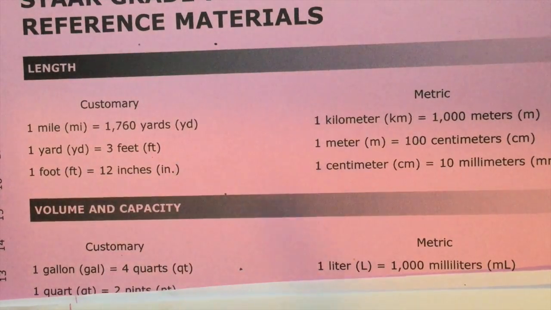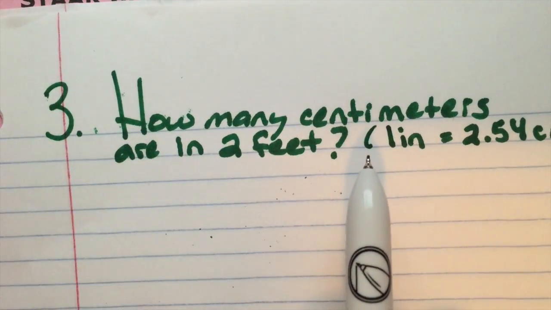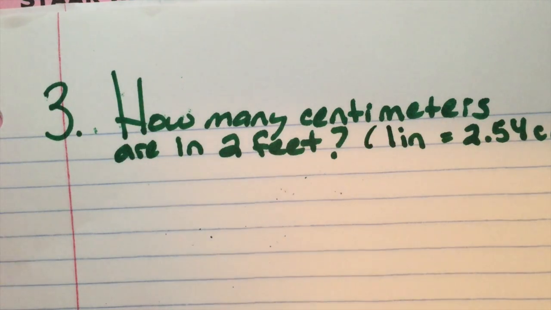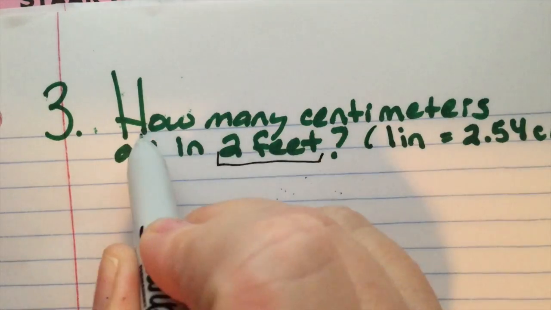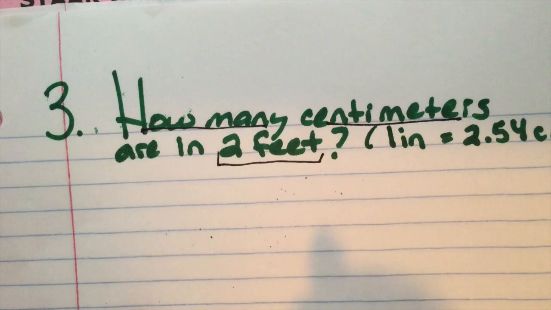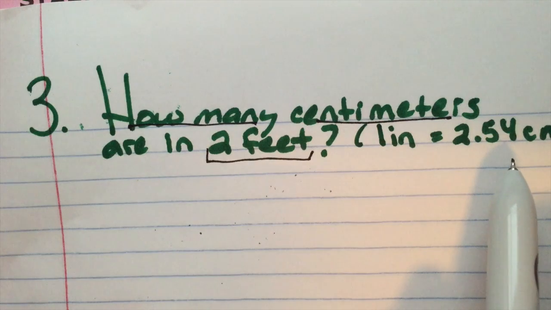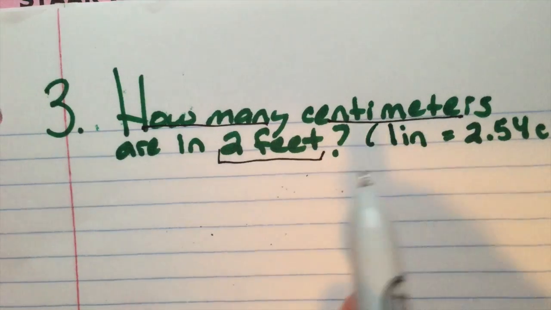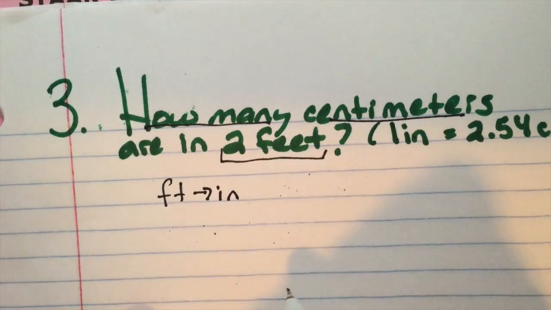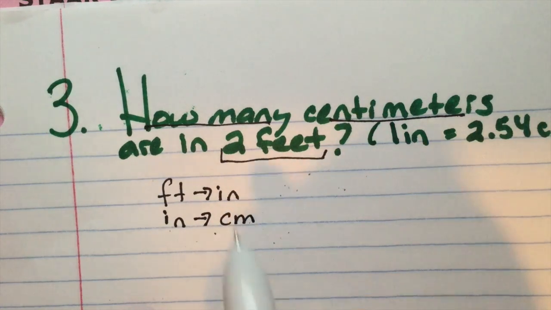I need to figure out which information I need to use in this problem. I'm trying to turn 2 feet into centimeters. 2 feet is how many centimeters? The information I have gives me information about inches to centimeters. So first I need to turn feet into inches. And then I need to turn inches into centimeters.